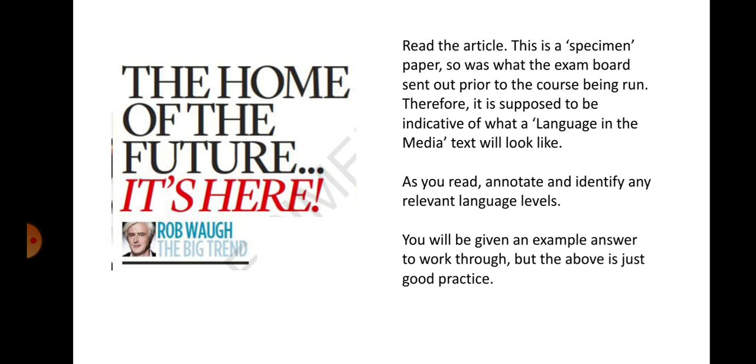There are elements in there, as you'll see, where things are explored about gender and language. You'll be given an example answer to work through, so you shouldn't take too long on the annotating and finding things, but if you find things that are then mentioned in the example answer, it will show that you're along the right lines and picking out the right things. It's just good practice, anytime you're given a text, to pick things out as you go along.